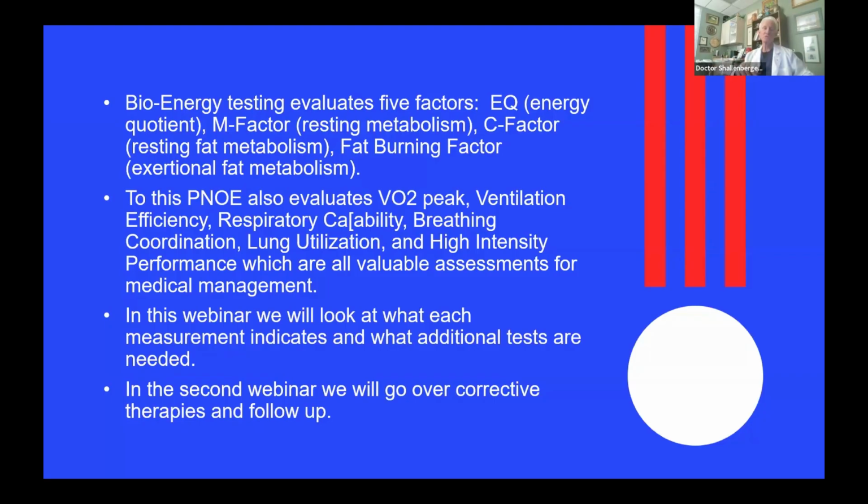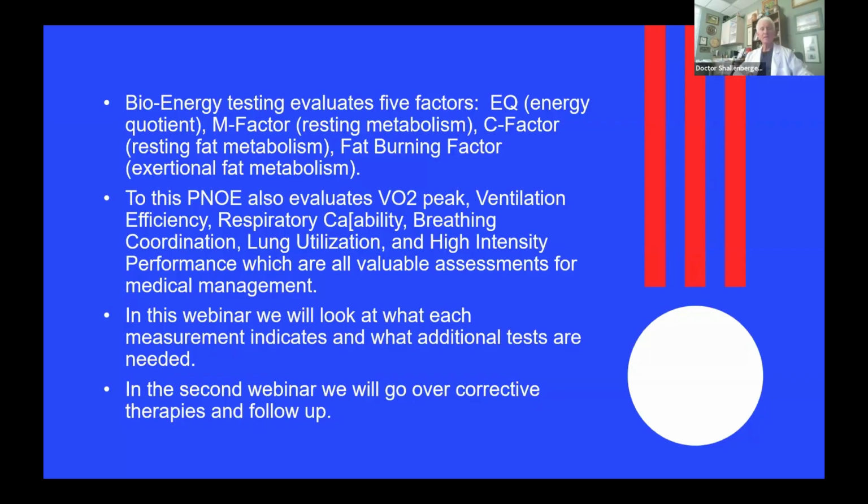Obviously, one situation would be if they have too much fat on board and we want to get rid of the fat. We can tell them exactly at what level. So I would tell them, okay, look, I don't necessarily want you running, but I want you going out and walking at a rate that is going to get your heart rate up to this particular level where you're burning maximal fat. And we can determine that based upon this fat burning factor.